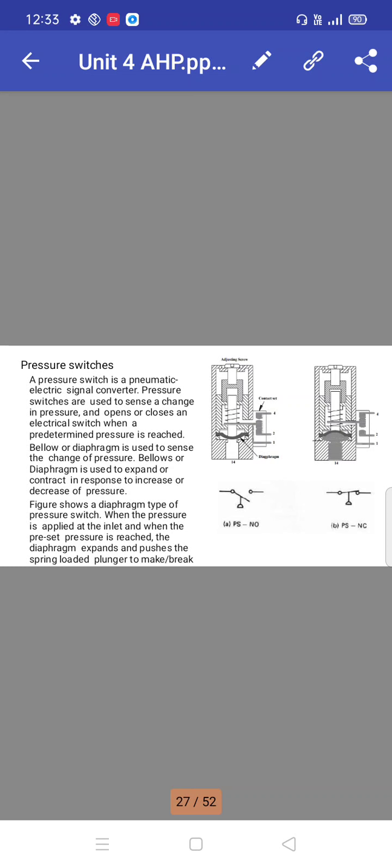A bellows or diaphragm is used to sense the change of pressure, expanding or contracting in response to an increase or decrease of pressure. The figure shows a diaphragm type pressure switch. The pressure is applied at the inlet, and when the preset pressure is reached, the diaphragm expands and pushes the spring-loaded plunger to make or break the contact.